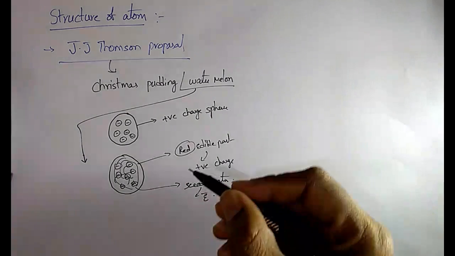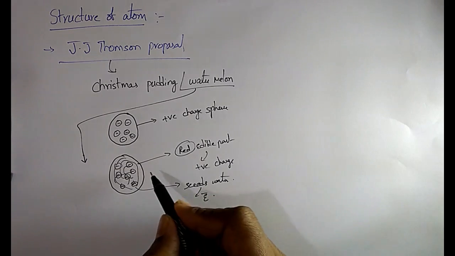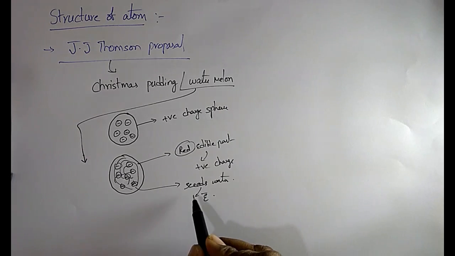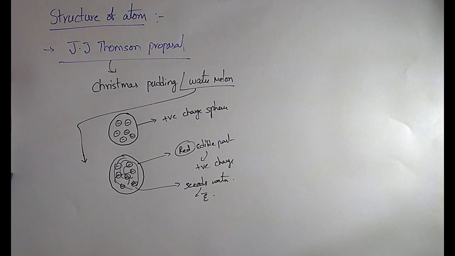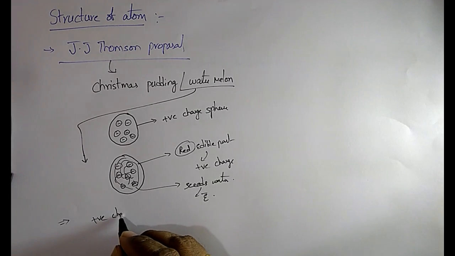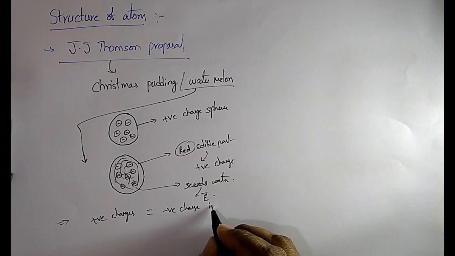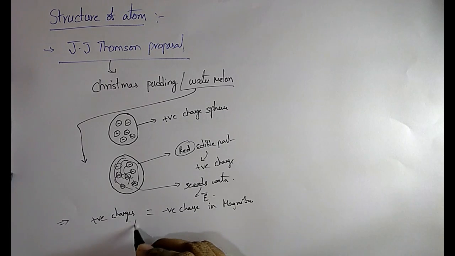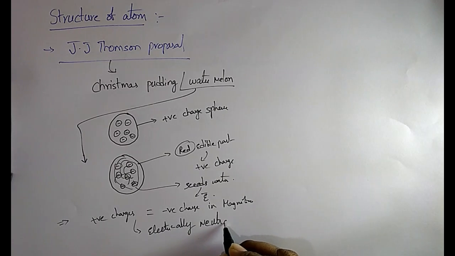The positive charge in the atom is spread all over like the red edible part, while the electrons are like seeds in the watermelon. Also, he said that positive charges are almost equal to the negative charges in magnitude, so the atoms are electrically neutral.